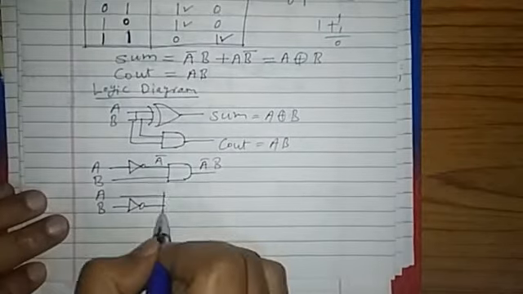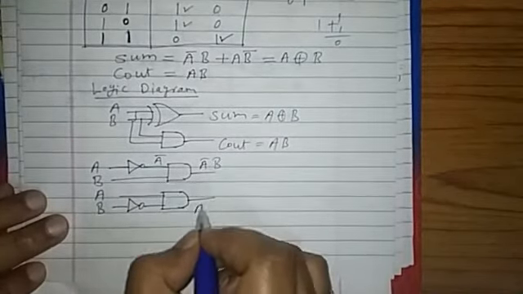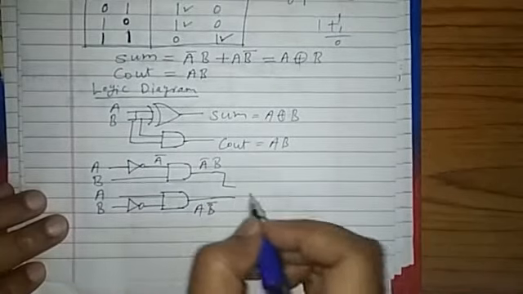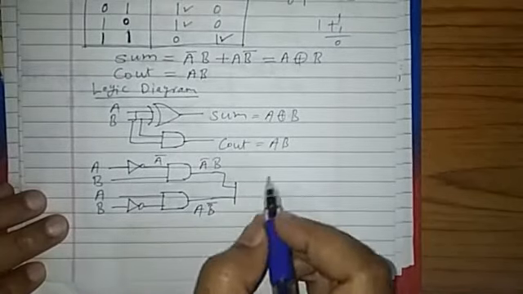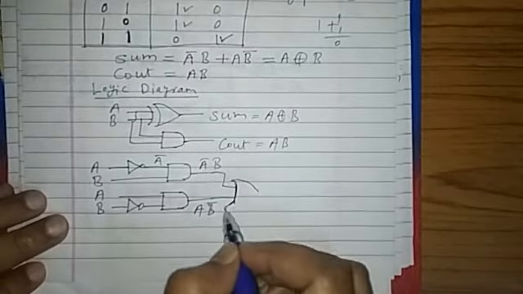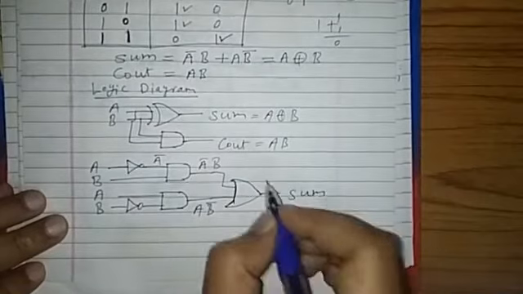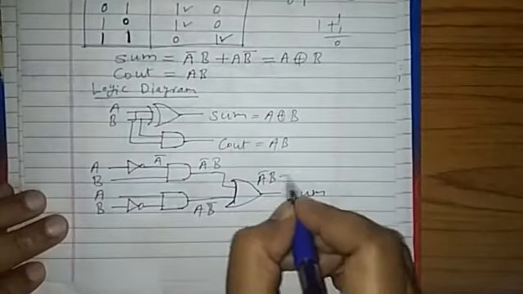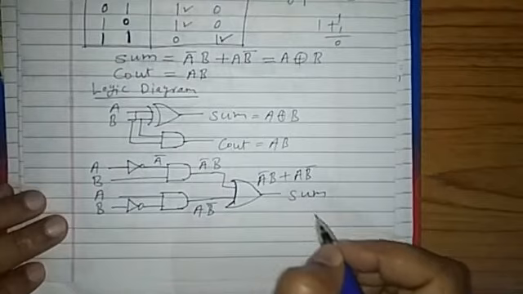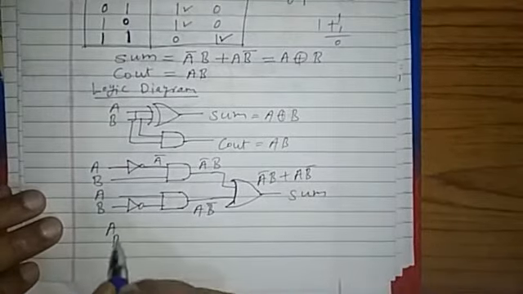Both are connected to an OR gate. This is sum, a bar b plus a b bar. And the AND gate will be a and b.